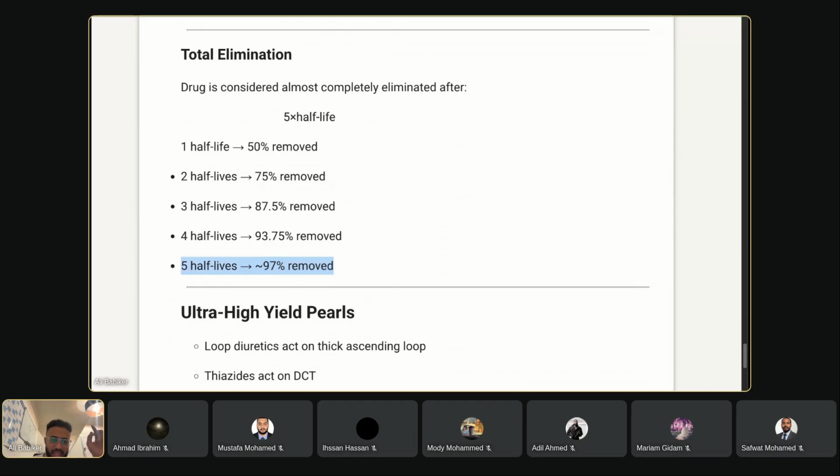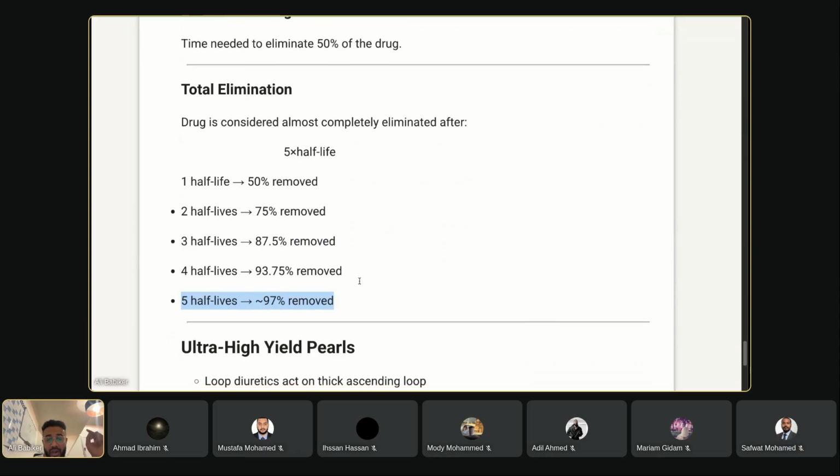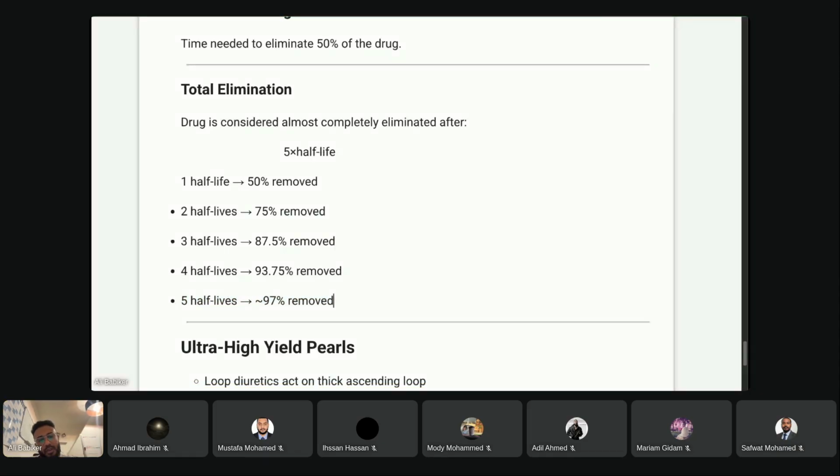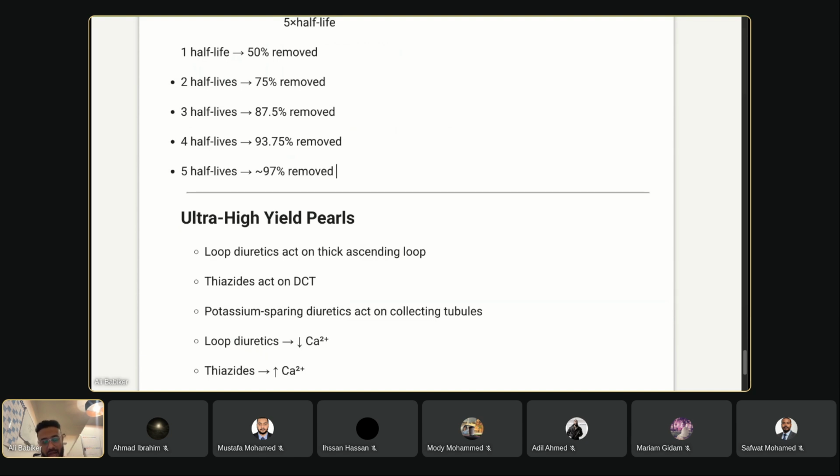So we call this part total elimination. However, you cannot eliminate it completely from the body because it will be reduced to an insignificant amount. When you remove 97% of a drug, we consider it completely eliminated. You still have 3% in the body, however, we consider it removed completely.